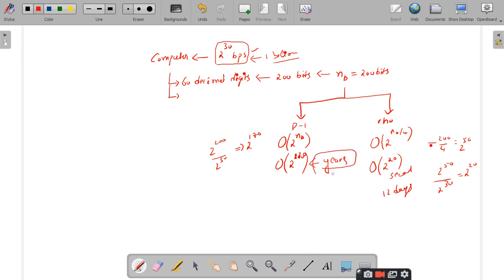So this is the advantage of factorization. You might be wondering why I am calling it an advantage. As I told, this is actually a disadvantage: finding the factors is a big disadvantage with respect to number theory.